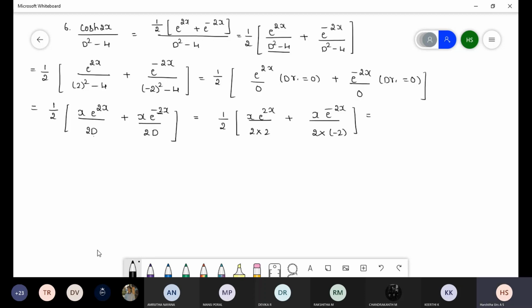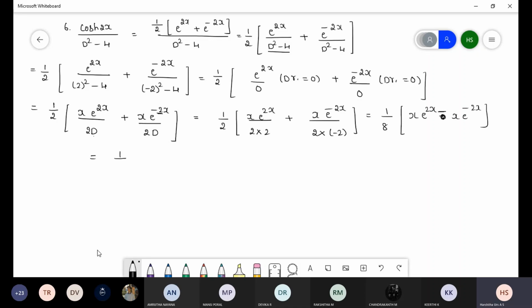So I take 1 by 4 outside. Outside we have 1 by 2. So 1 by 2 into 1 by 4 is 1 by 8. x into e power 2x plus x into, minus x into e power minus 2x.